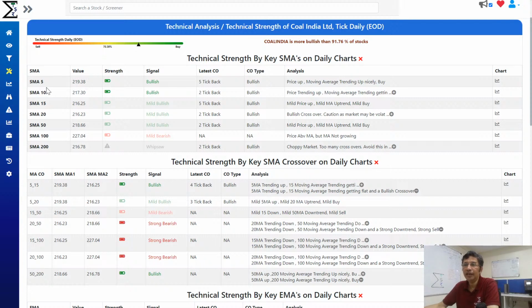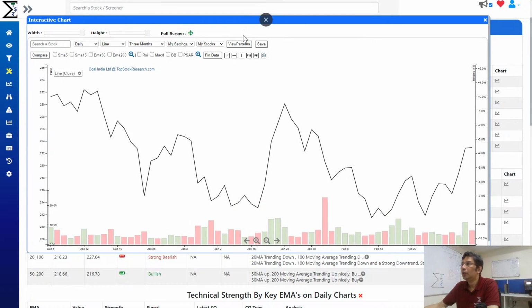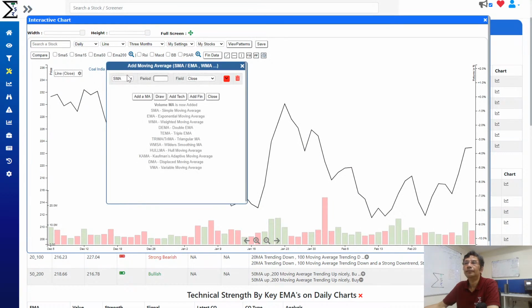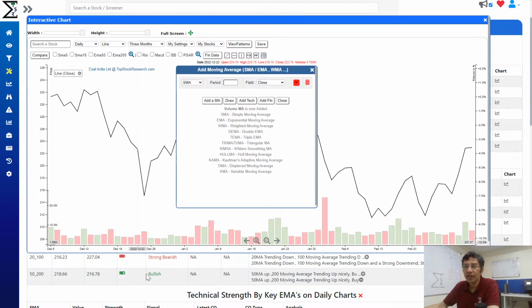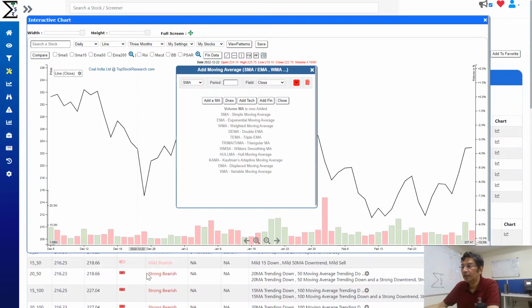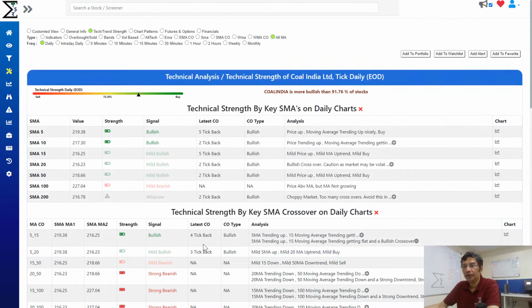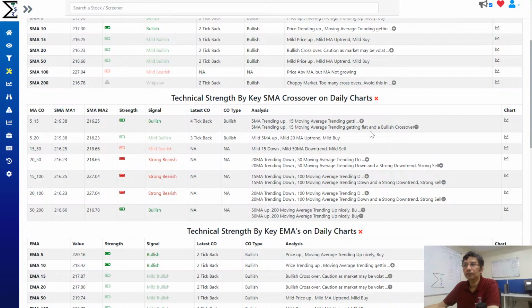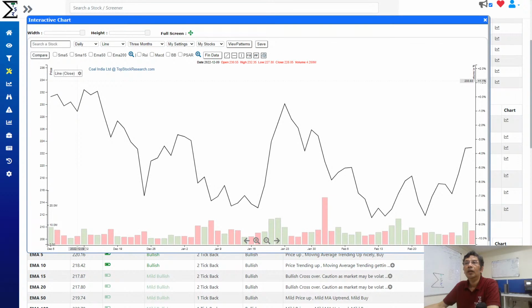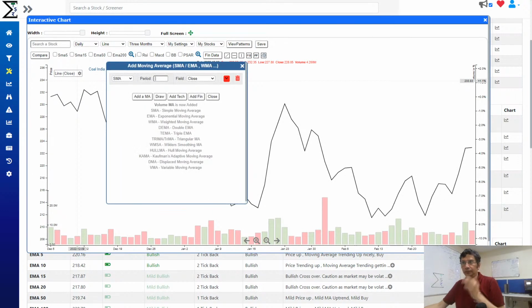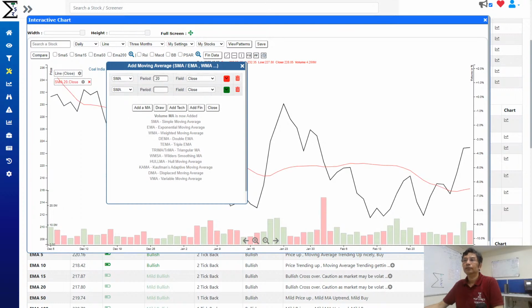So if you see out here, this is dark red, right? 20 and 50 moving average. So what it tells you is 20 and 50 simple moving average.